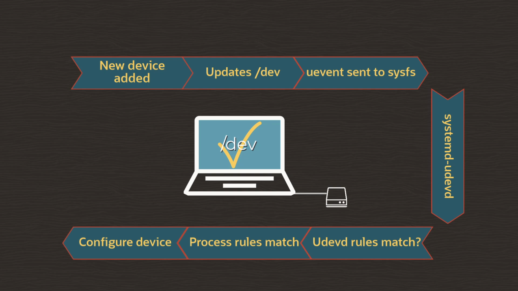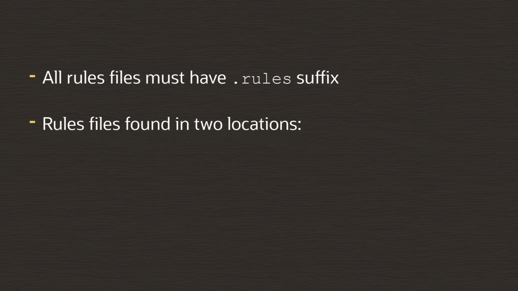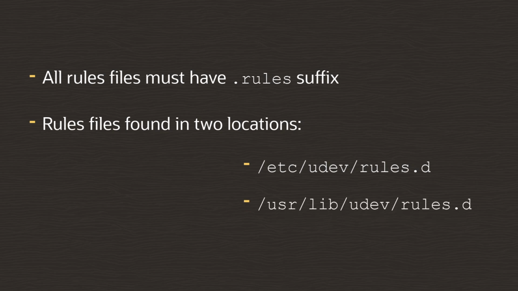So that is what happens when a new device is attached to the Linux system. But where are the rules definition files themselves located? As mentioned previously, the Udev rules files are located in two places on the Linux file system and all end with a .rules suffix. These locations are /etc/udev/rules.d and /usr/lib/udev/rules.d.